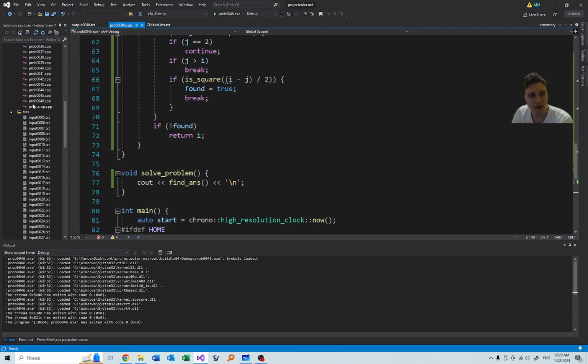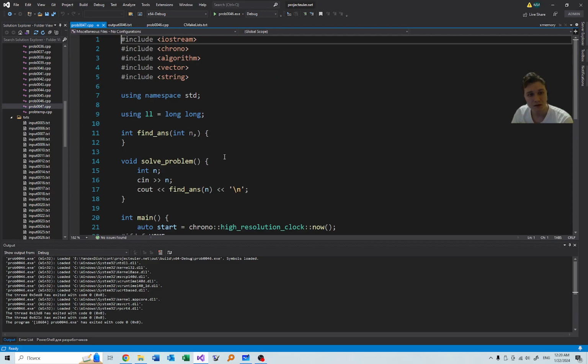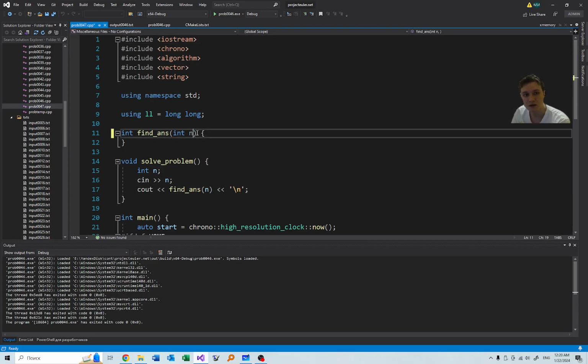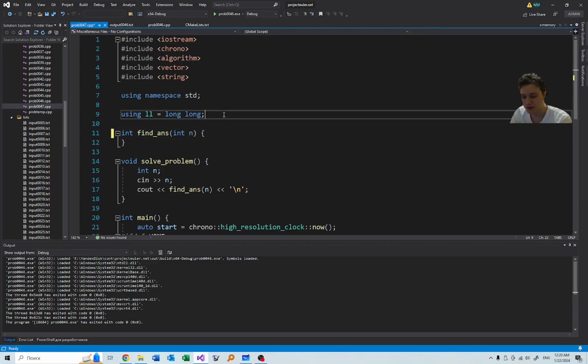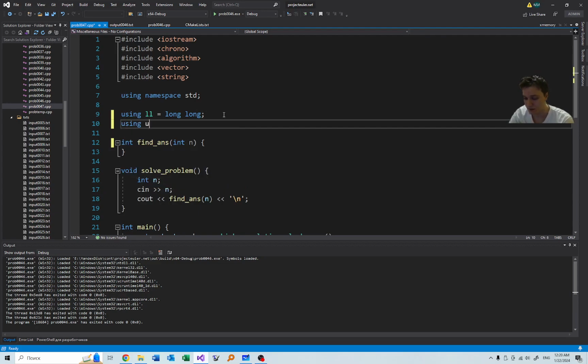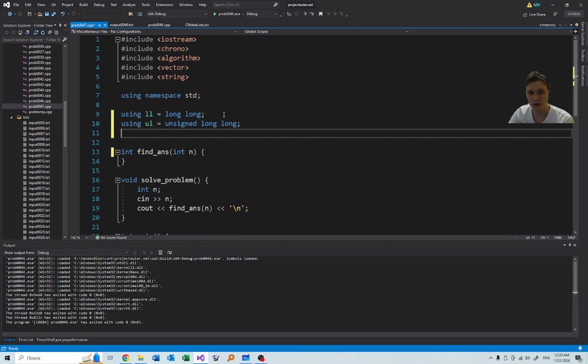Then I need to make a copy. Let's write a function which finds factorization.